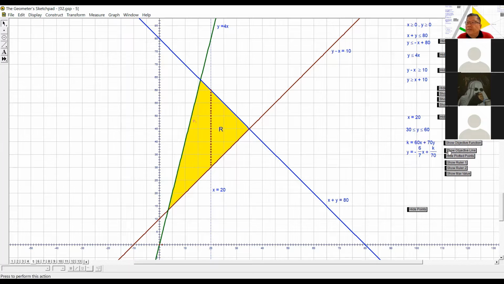So I'm going to show you how to do it. Can you see the red color line and the red color label? I plot 6 units on the vertical axis, and I plot 7 units on the horizontal axis. This denotes the gradient negative 6 over 7.